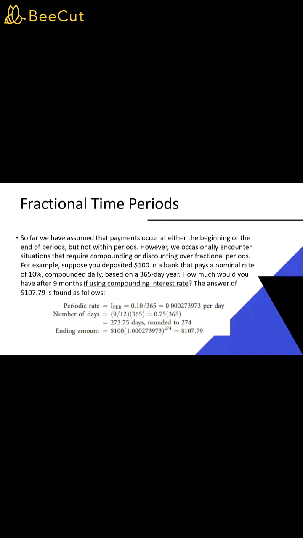So what is your end amount? How much money are you actually going to be making? Well, if you invest $100 with your money compounded daily at 10% for 9 months, you calculate that by taking 100 times 1 plus i, the periodic rate, to the power of Mn.